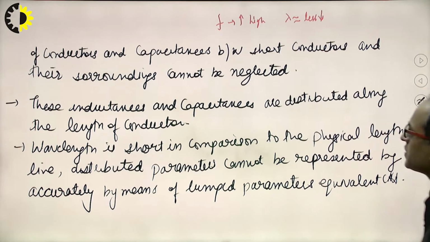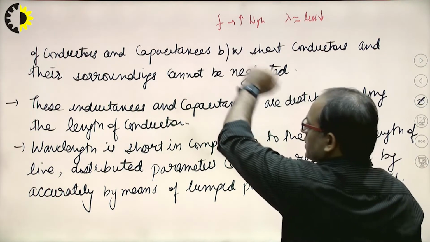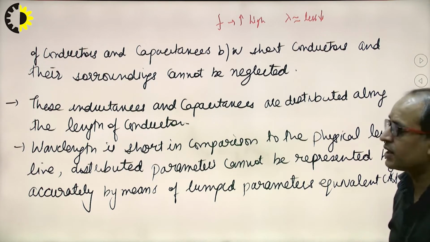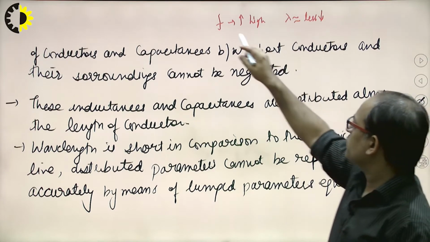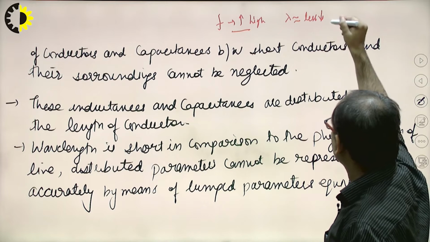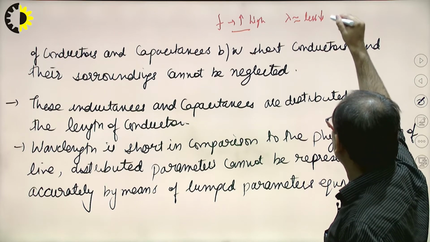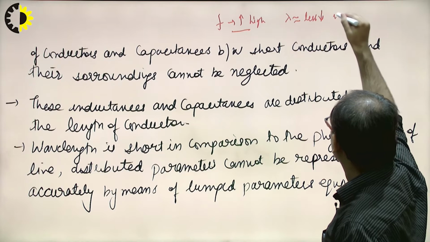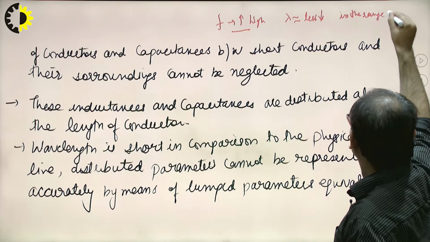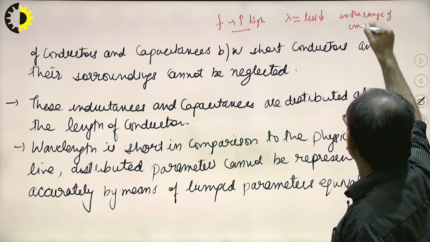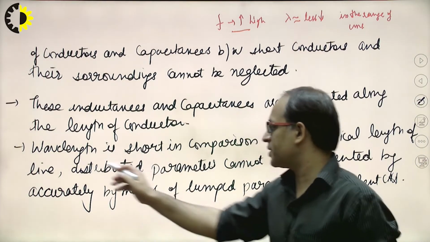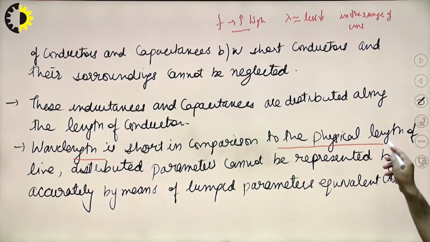And for the microwave signal, the range is from 1 gigahertz to 30 gigahertz or 300 gigahertz. The input signal frequency is high, so at that time the wavelength is very small, in the range of centimeters. Clear? So the wavelength is very short in comparison to the physical length of the line.